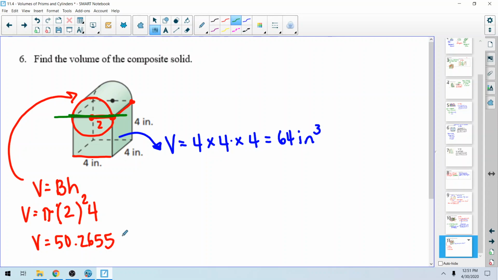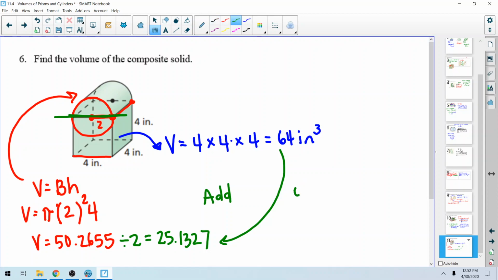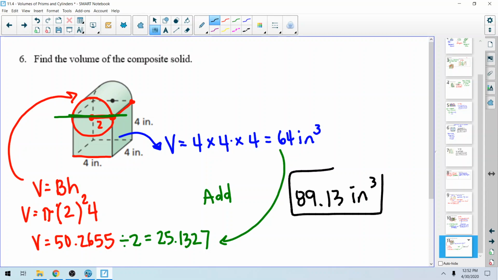So then I'm going to take that, cut it in half, which gets me 25.1327. And then last but not least, add. So then I'm going to add 64, which is my part on the bottom, which gets me 89.13 inches cubed.